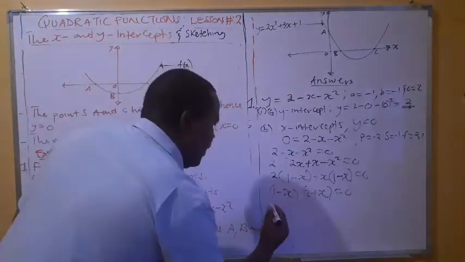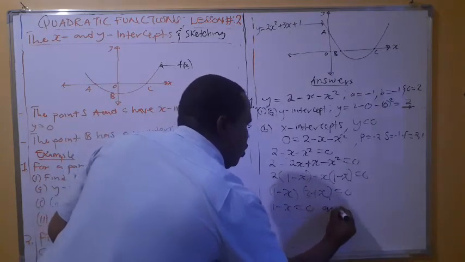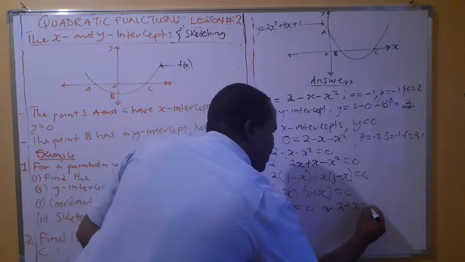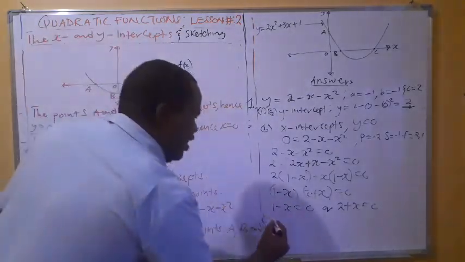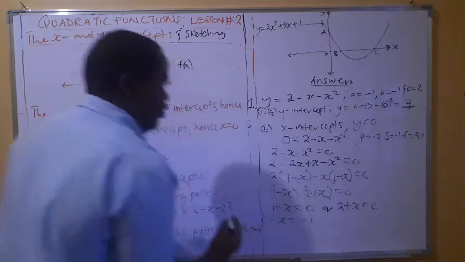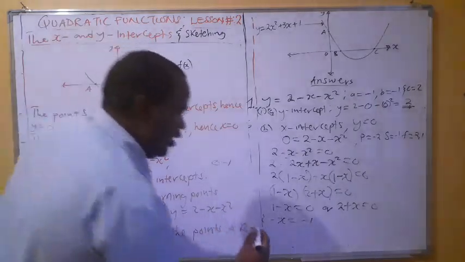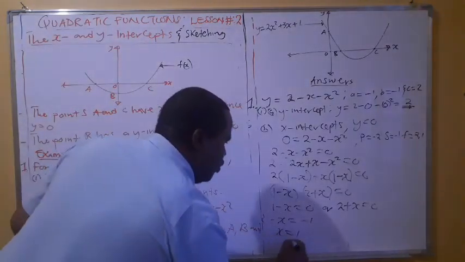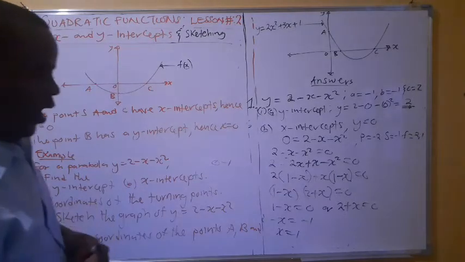Okay? So what that means is that you're going to say 1 minus x is equal to 0, or 2 plus x is equal to what? 0. Alright? Meaning that here negative x is equal to negative 1. We are going to say 0 minus 1, which is negative 1. So when divided by negative 1 throughout, you get x to be 1.